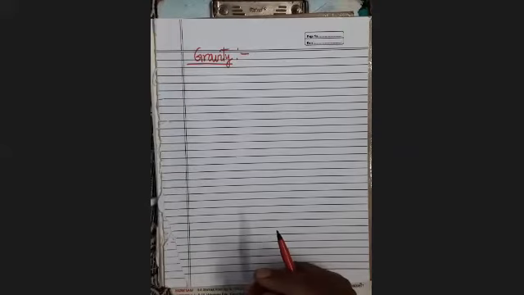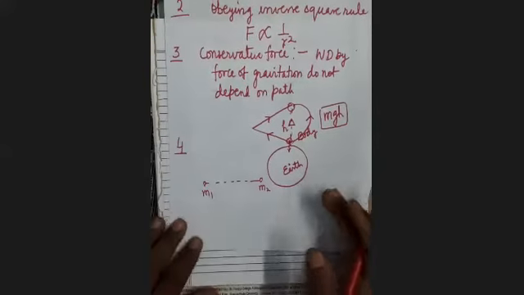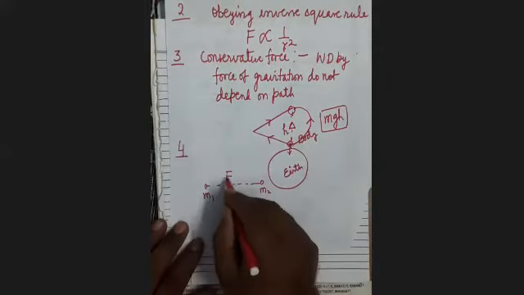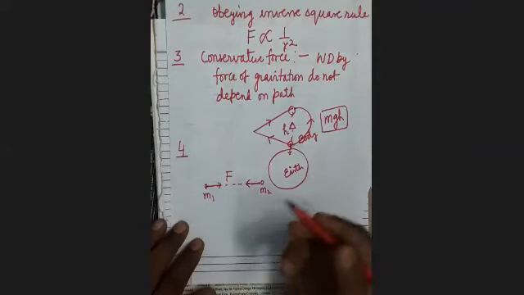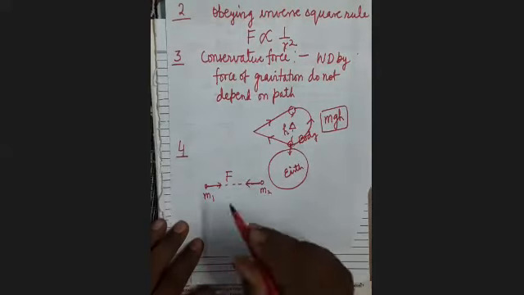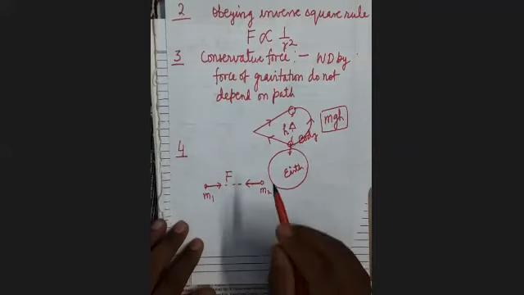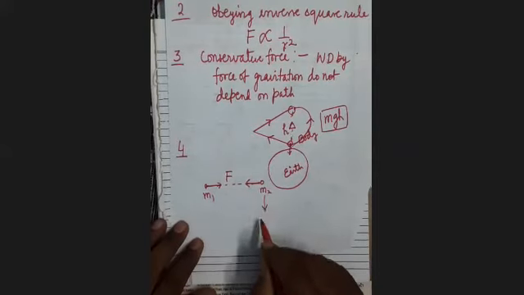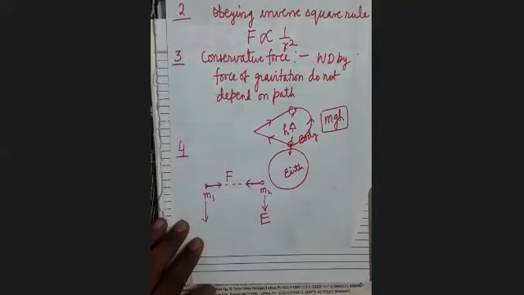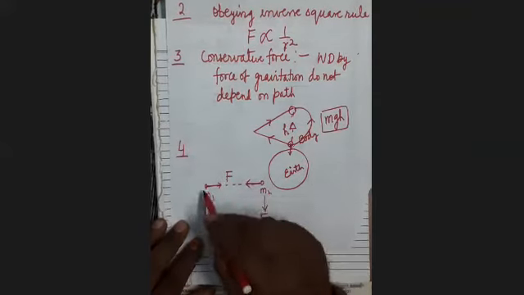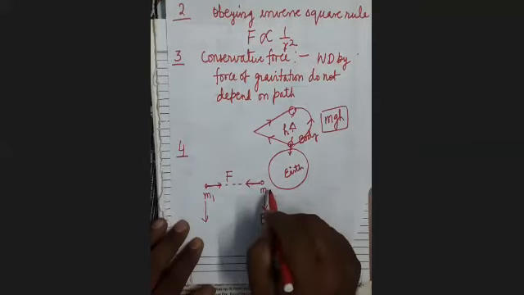Gravity means, as I have already explained, that this force becomes significant only when bodies are of very huge masses, or one body is of very huge mass. Suppose this is the earth and this is some ordinary mass body. Then we will say that the earth is attracting the mass m1.